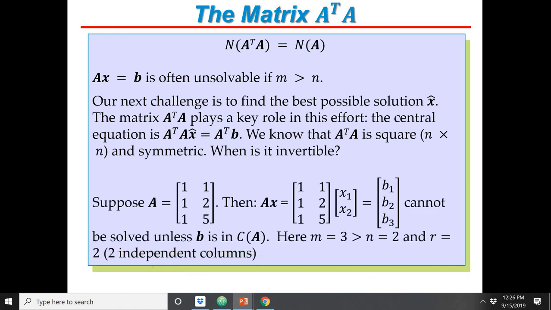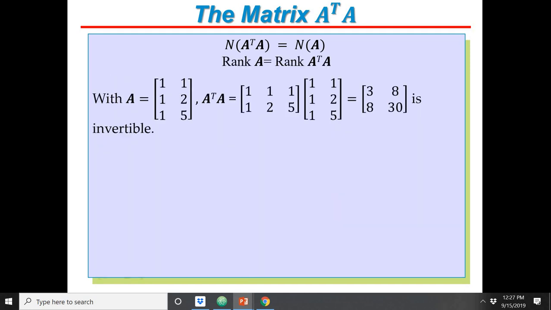All right. So here is one example of an A matrix that is 2 by 3. So I have 2 columns in R cube. Obviously, if you take an arbitrary B, it's not going to be in the column space. If you take A transpose A in this particular case, if you multiply A transpose with A, you get this nice matrix, and you can immediately see that this matrix is invertible.